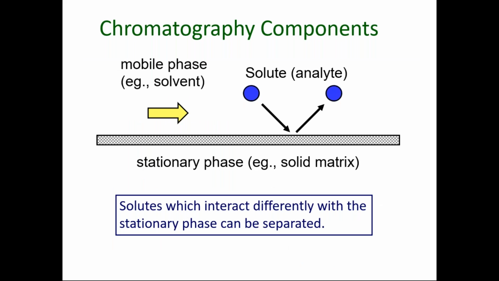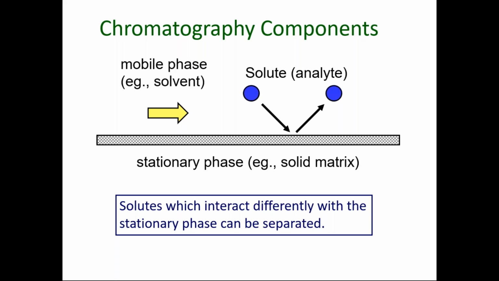So the components of chromatography are the mobile phase, which is generally the solvent. But in chromatography, we don't call it the solvent, we always call it the mobile phase. Then you have the stationary phase, which is the solid matrix or support.